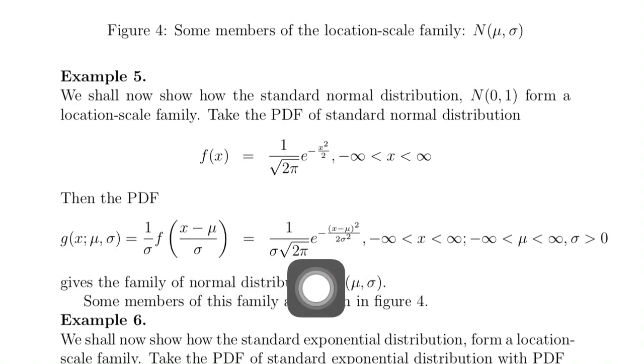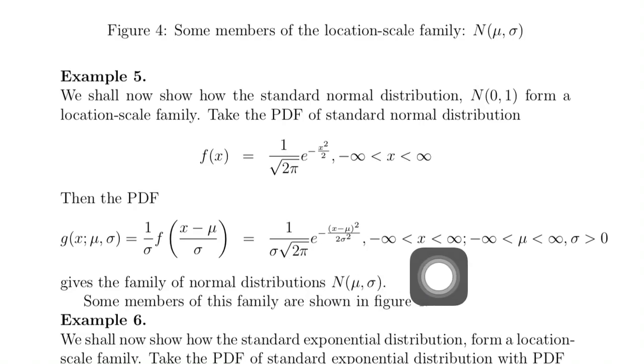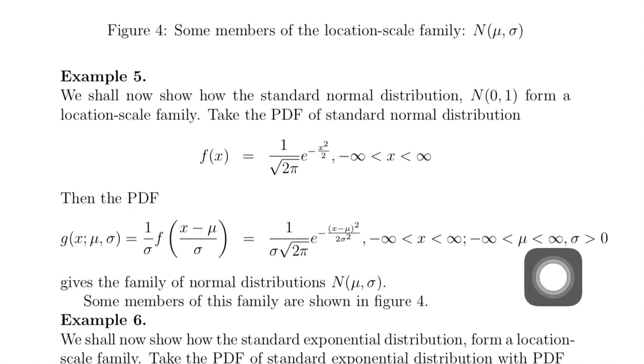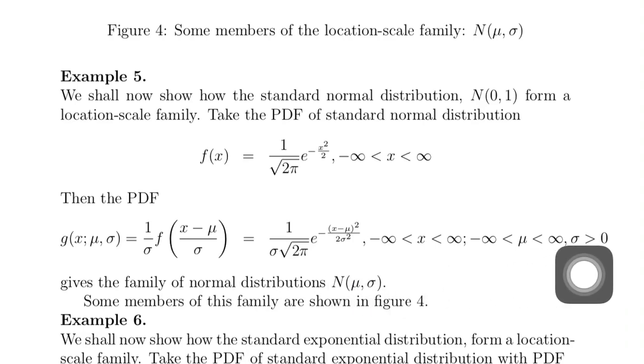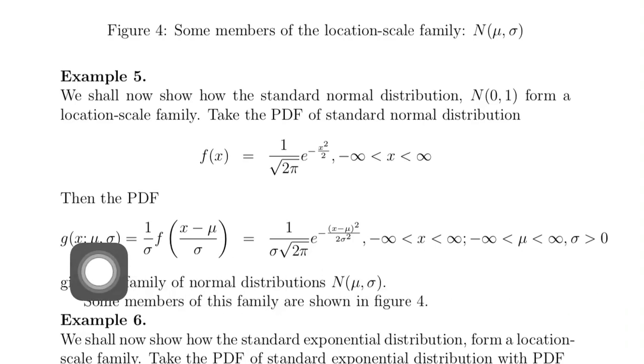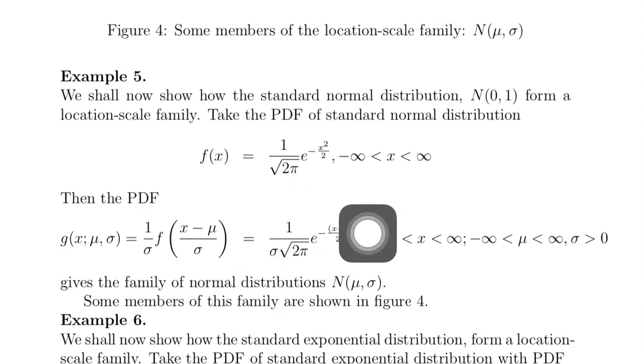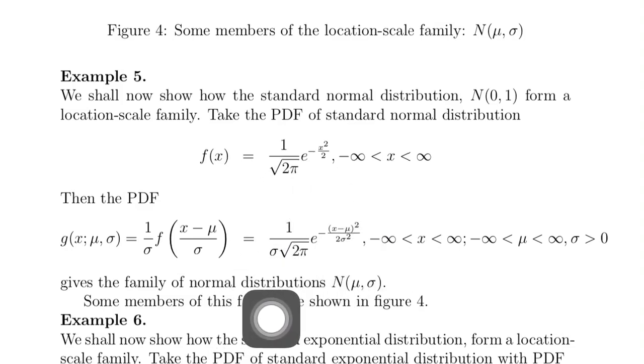Okay, and here you restrict mu to be minus infinity to infinity, any real number, and sigma to be any positive real number. And this family is called normal distribution family with the scale parameter sigma and location parameter mu.